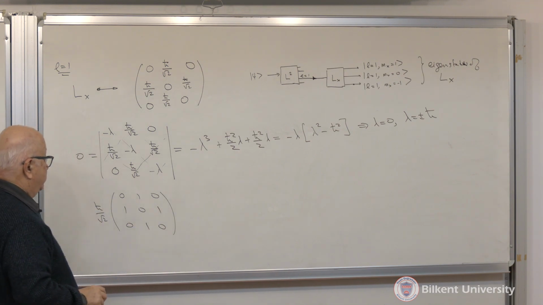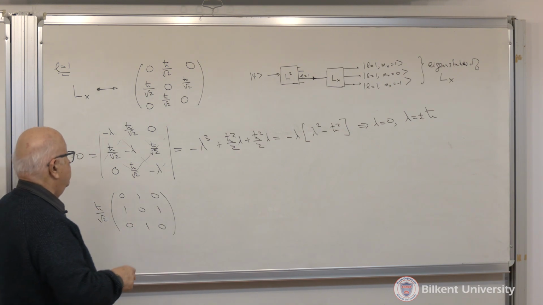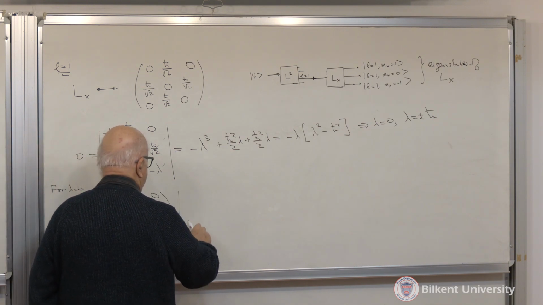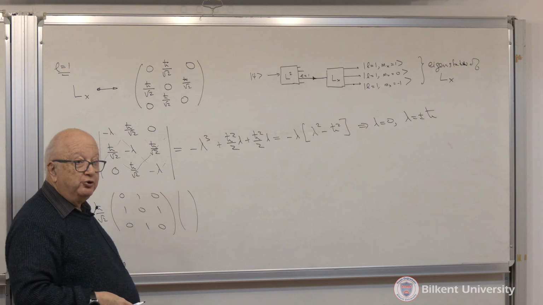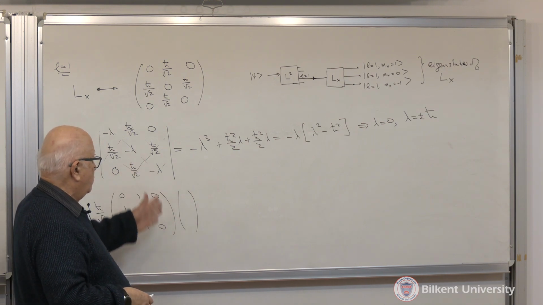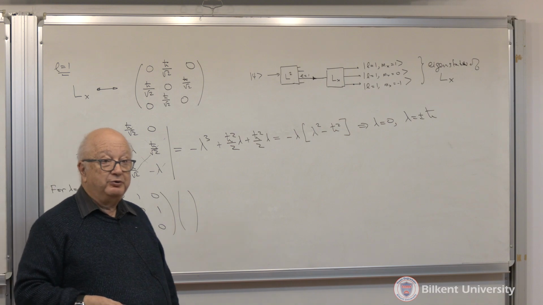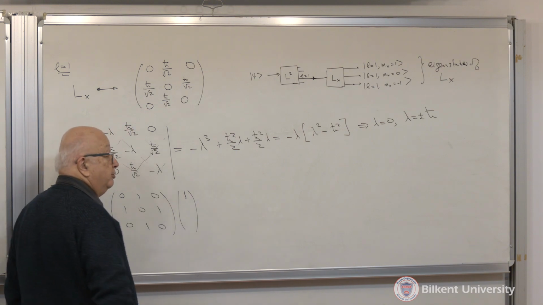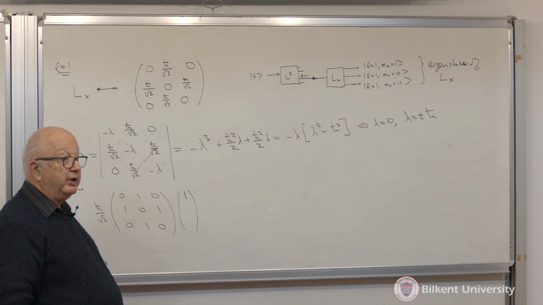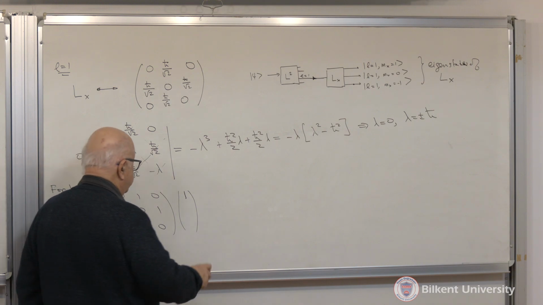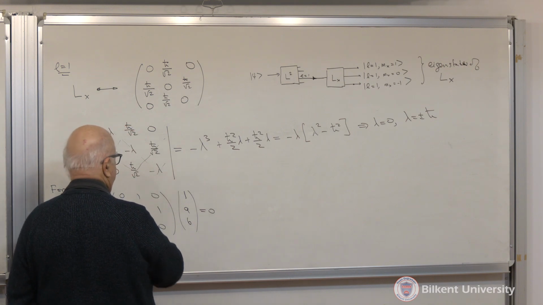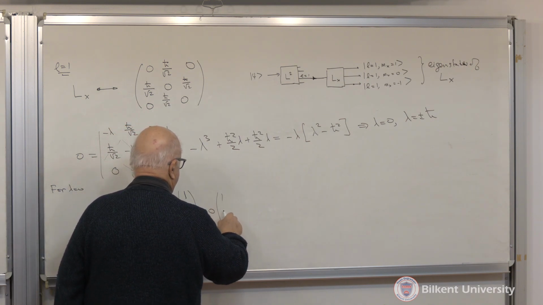Now, for lambda equal to 0, what is my eigenvalue equation? I'm going to normalize this eventually, so it doesn't matter what the absolute values are at this stage. So let me arbitrarily take the first element as 1, and the others I take as A and B. Lambda is 0 times the same thing, so the right-hand side is going to be all zeros.